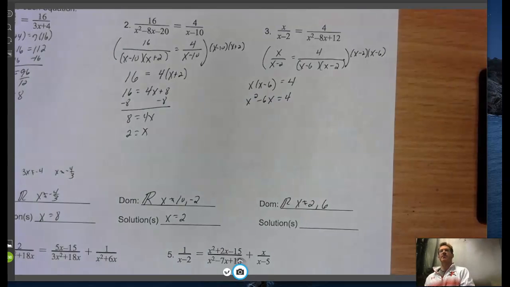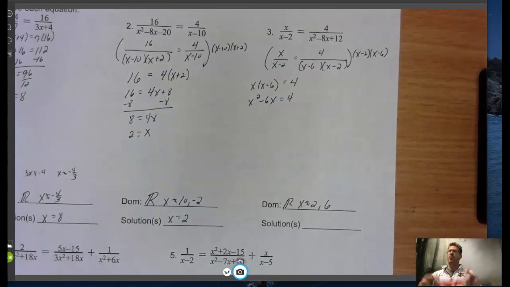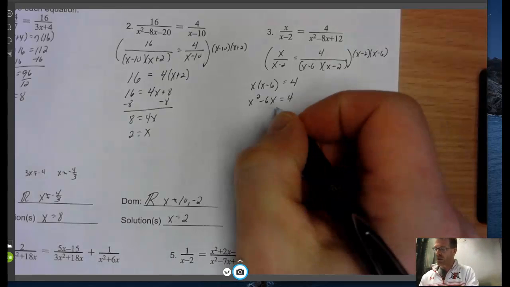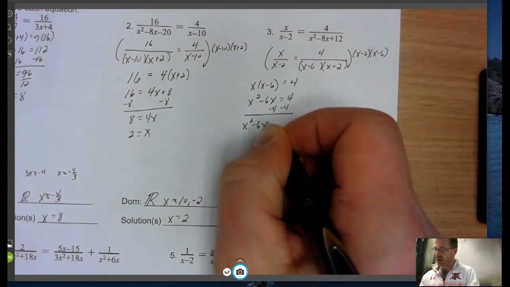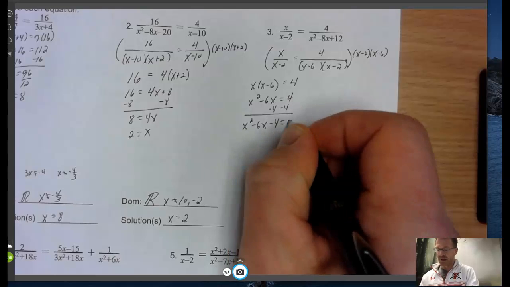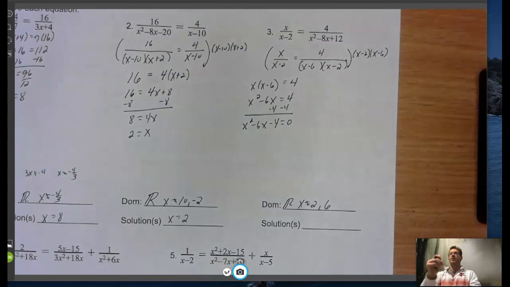So notice sometimes when we do this process, we get a quadratic result instead of a linear result. That means the first thing I want to do is set this equal to 0, because anytime we have a quadratic equation, we have to have it equal to 0. Once we get to this step, you have all your tools for solving a quadratic equation. You can factor it, you can do the quadratic formula, maybe solve by square roots, depending what's left in the problem.